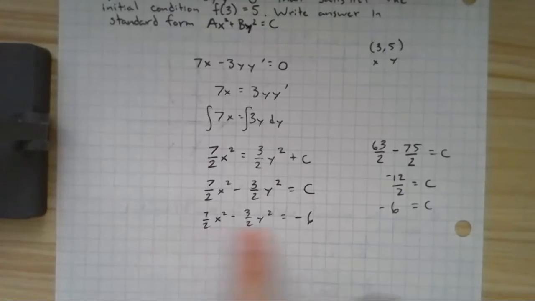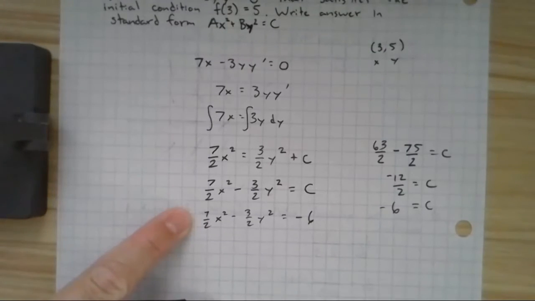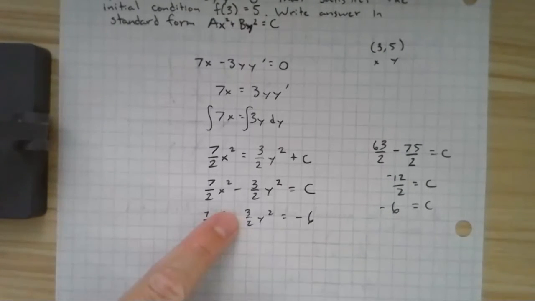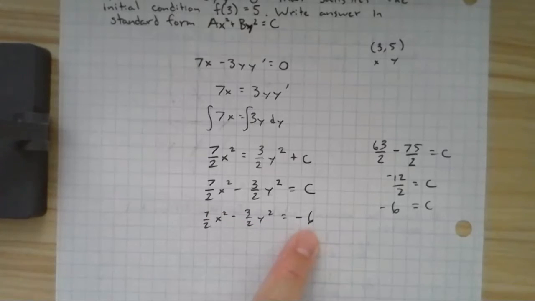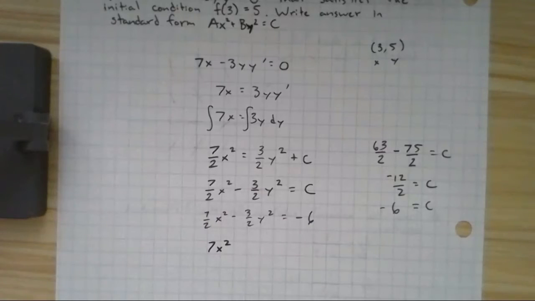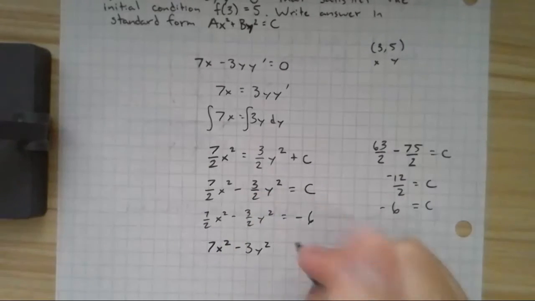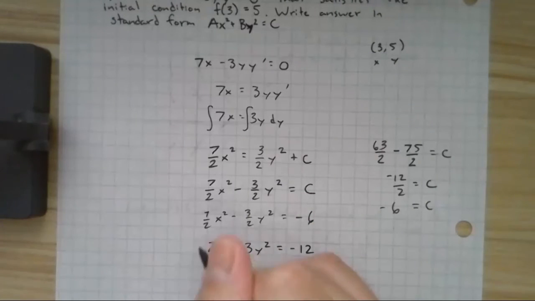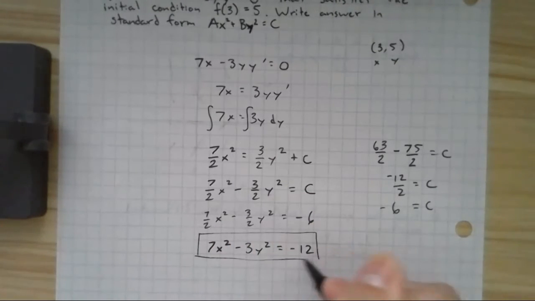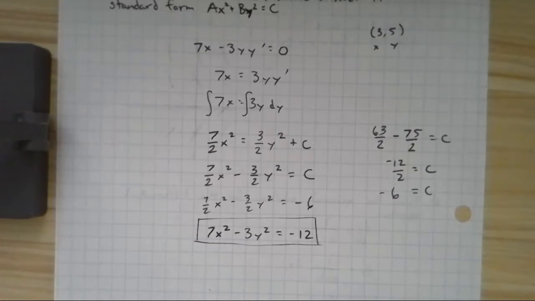Just multiply everything across by what's going to help you eliminate these fractions. If you multiply by 2, the 2s cancel, and you'll get negative 12. So the final answer is 7x squared minus 3y squared is equal to negative 12. Please reach out if you guys have any questions.